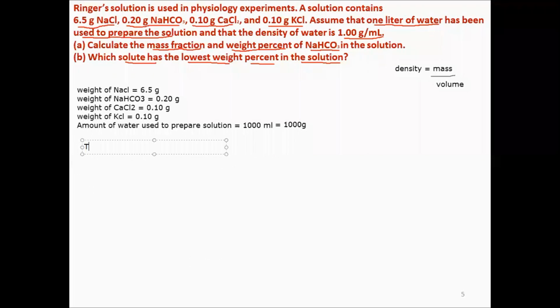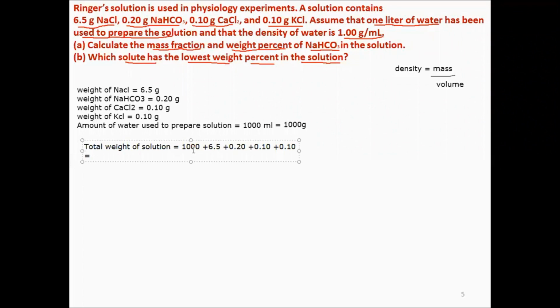Now let us see the total weight of the solution. It is equal to the weight of all the components plus the weight of water. Weight of water is 1000, plus NaCl is 6.5, plus sodium bicarbonate is 0.20, plus calcium chloride is 0.10, plus KCl is 0.10.